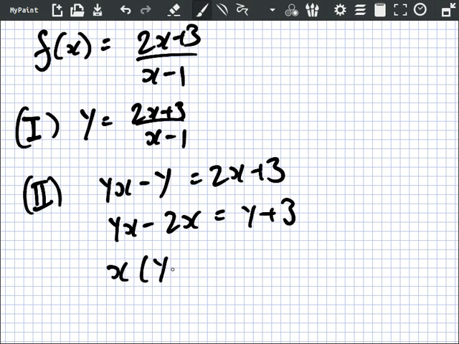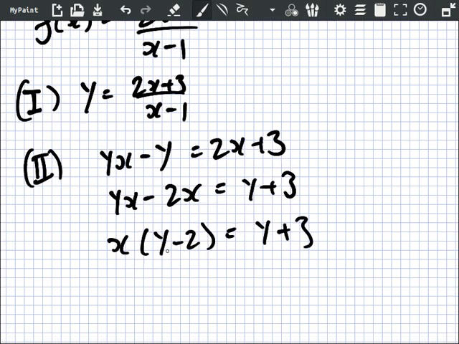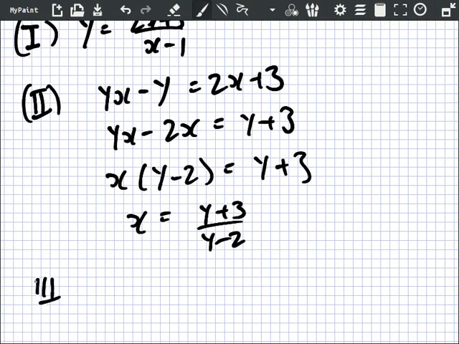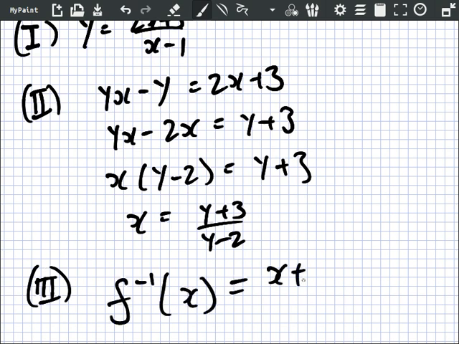That's x(y minus 2) equals y plus 3. x equals (y plus 3) over (y minus 2). And then finally you swap x and y. So your answer is the inverse function is (x plus 3) over (x minus 2).